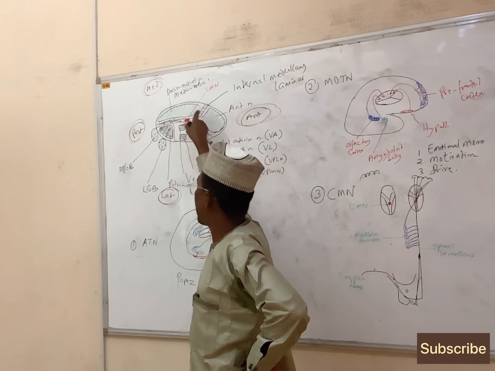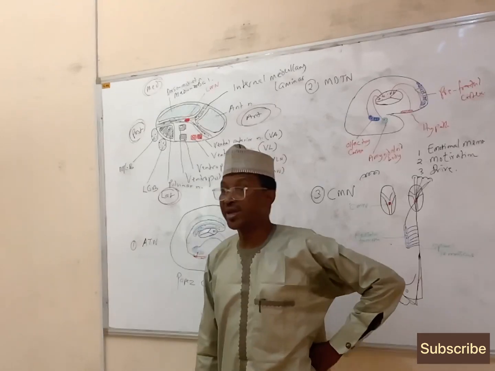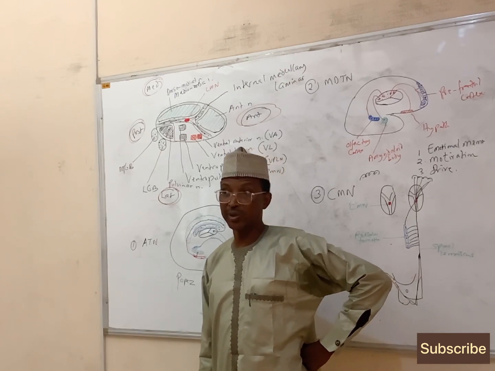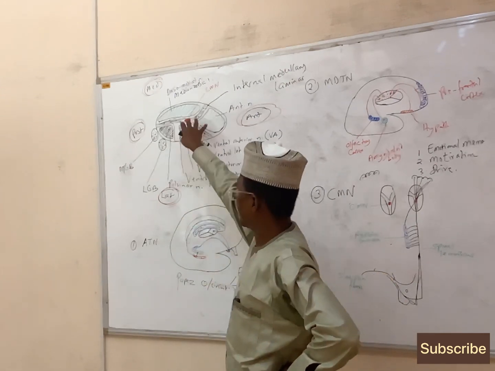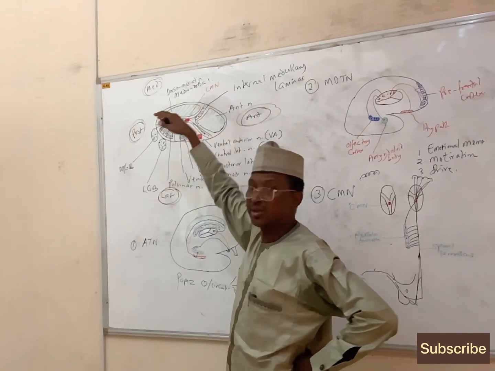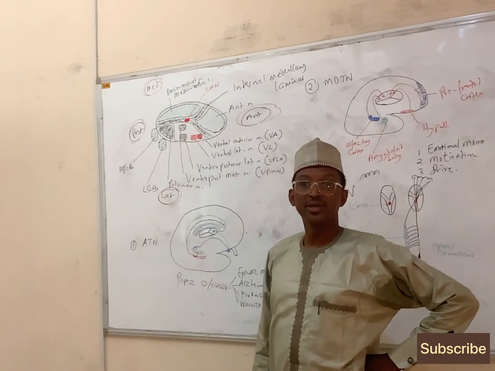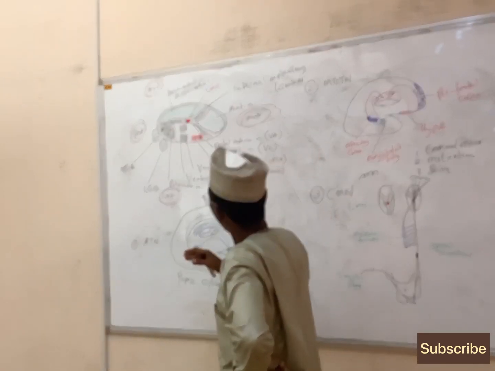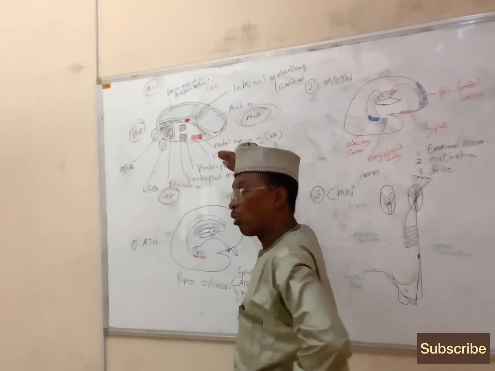These three nuclei are responsible for the limbic function of the thalamus. Are you clear? So we have now seen that this limbic information reaches these three nuclei within the thalamus. Clear? Good. So now let us take each of these nuclei one by one.